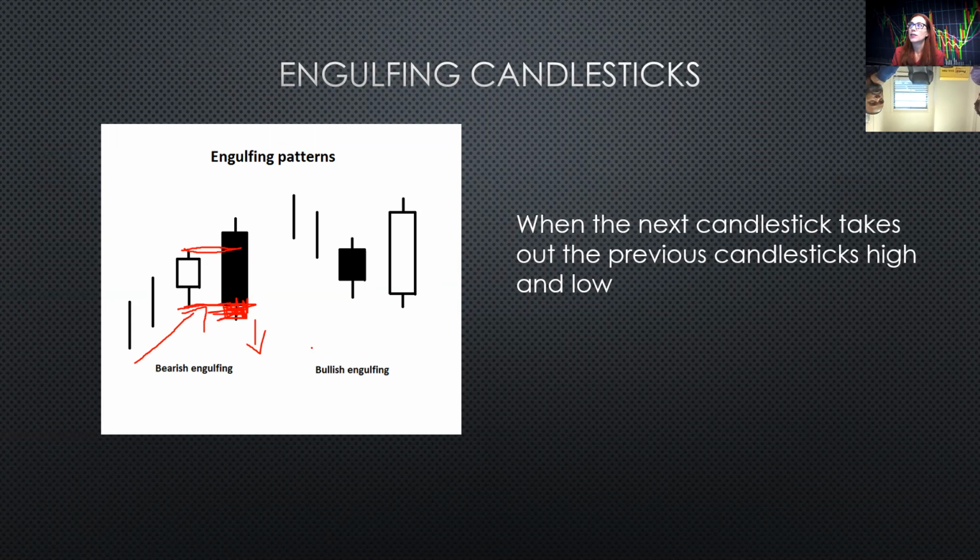And the opposite is true for the bullish engulfing. We come, hey, this is taking out the entire candlestick over here, including the wick, right? So now we have all this buying volume.